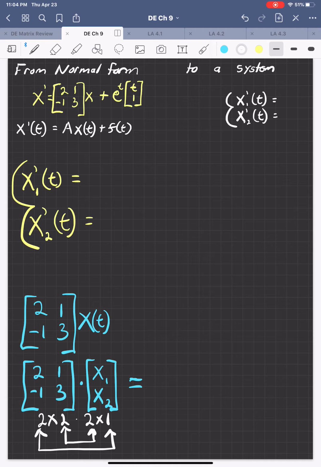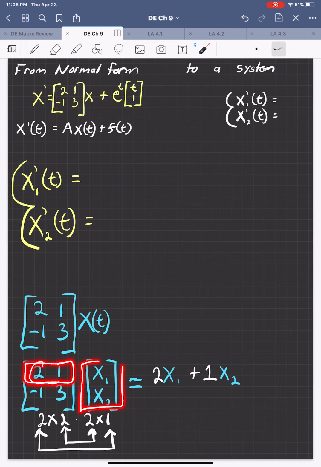So it's going to be row 1 times, there's only one column, so times column 1. So this is 2 times x sub 1 plus, and I'll write the 1 out, 1 times x sub 2, right? So it's this row times this column. And now we'll do row 2 multiplied by this column.